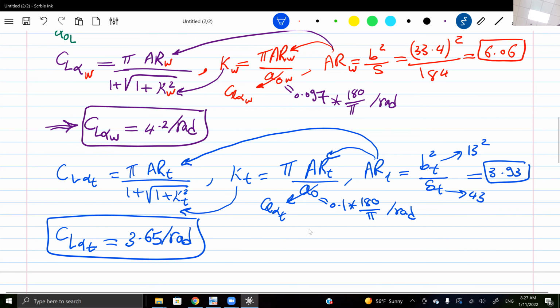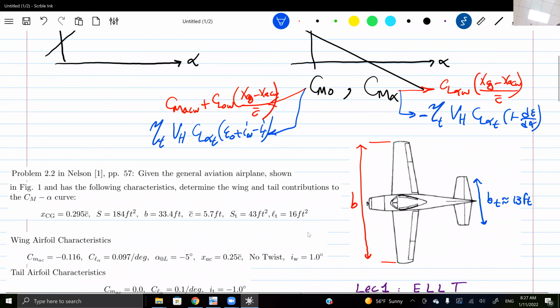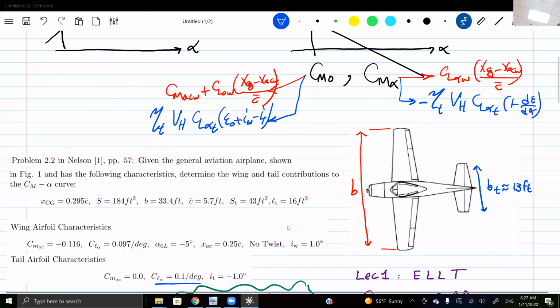We're done. Let's go back to our goal, because don't lose track. Yes, the tail span in this problem is the only thing that was found using the scale, right? It was not given, so it's the only thing that we got out of the drawing. All right, so we got our three-dimensional CL alpha.